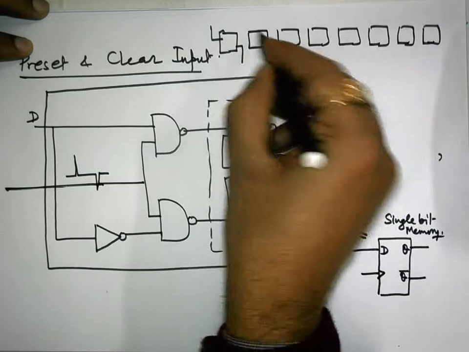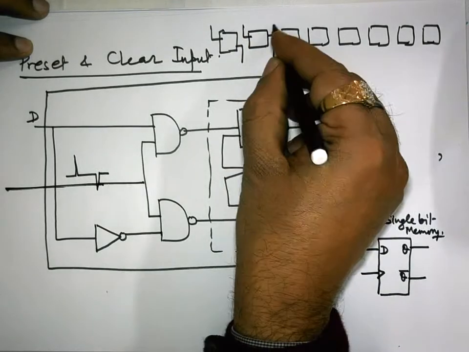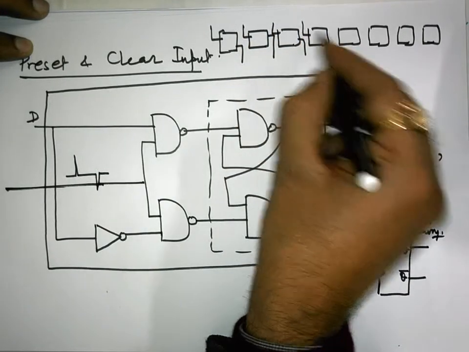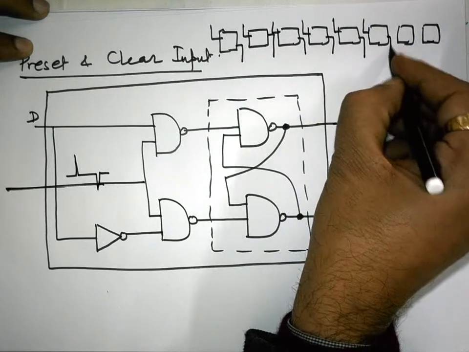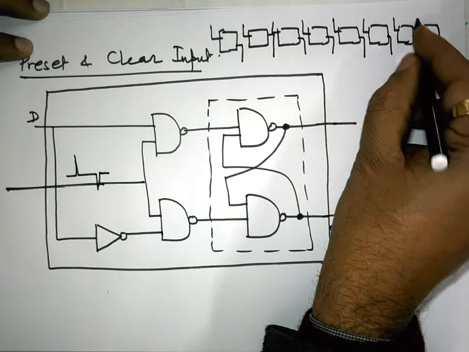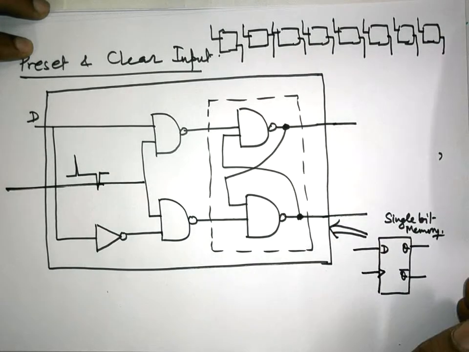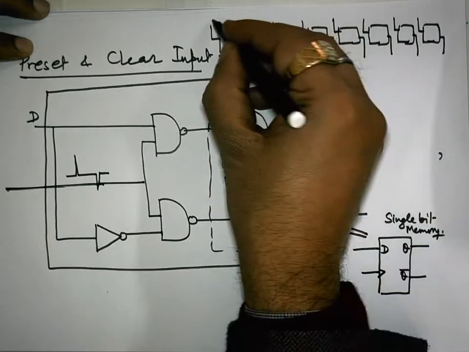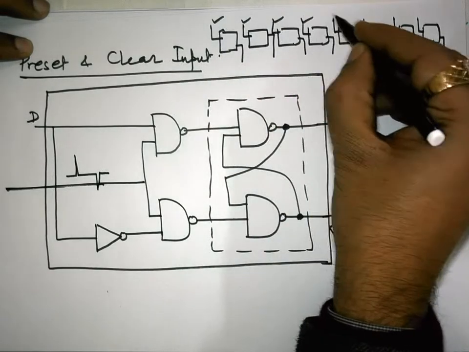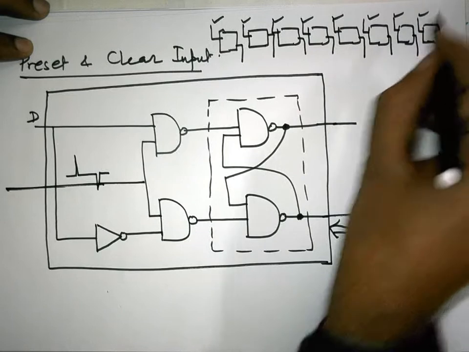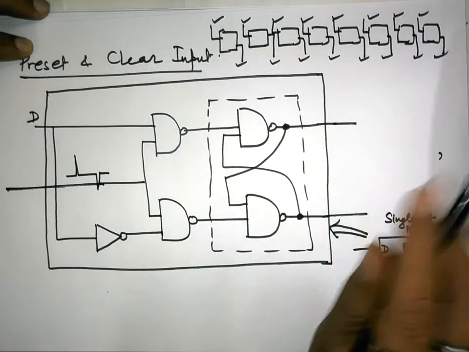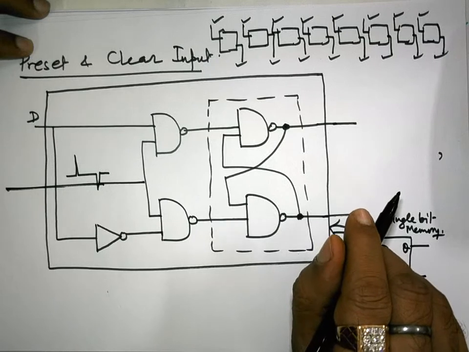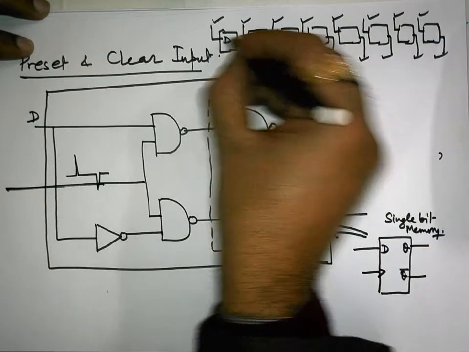If you take these D inputs and Q outputs like this, if you assume that you need to store a byte, then the bit combination of that byte is applied over here, and you will get the stored value at the output. Okay. Getting my point?